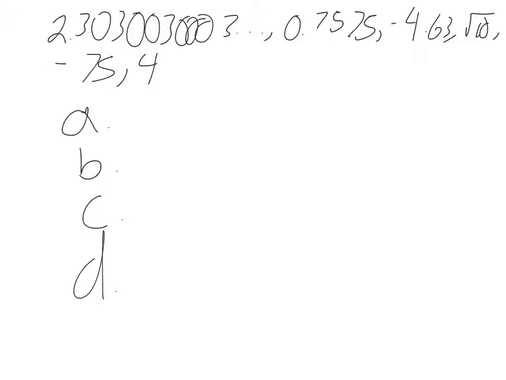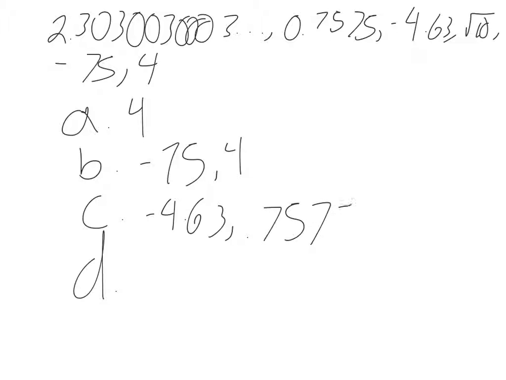So starting off here for A, the number would be 4. Then next in the category, it would be -75 and 4, because the other numbers wouldn't count. For the next one, it'd be -4.63, and root, and also it would be 0.7575.